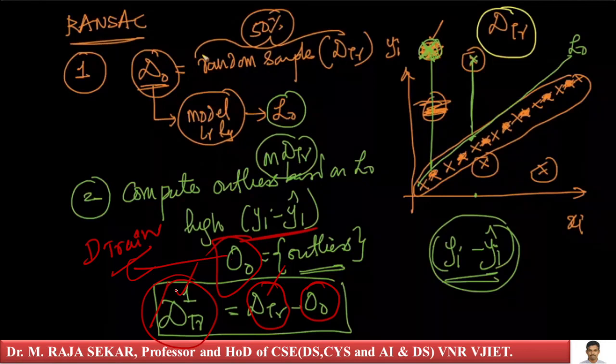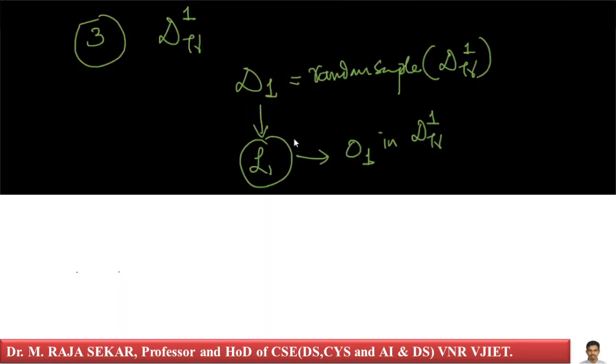Now again, we construct a data set D1. Just see, we are constructing a data set D1 by taking a random sample, again from DTR1, and build a model.